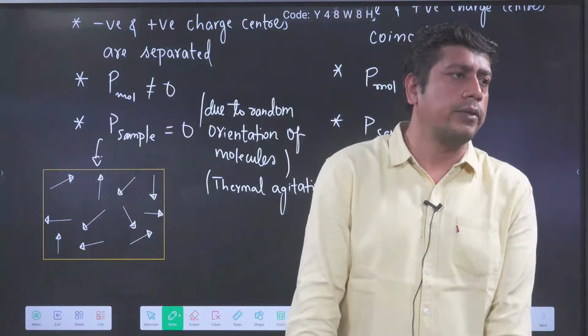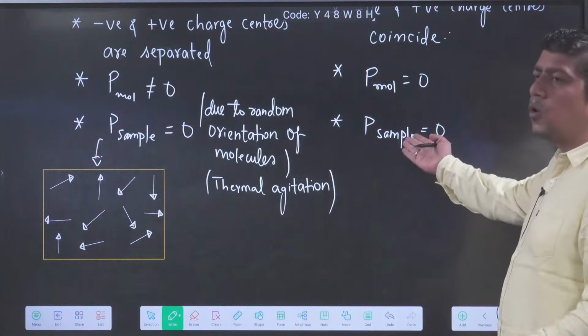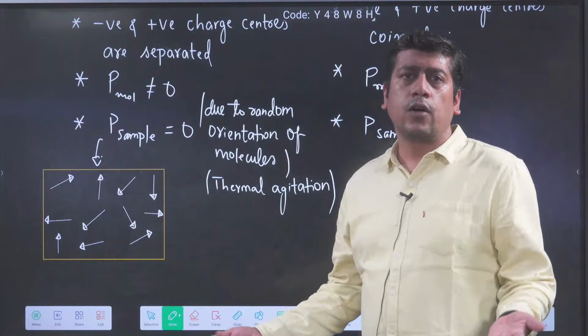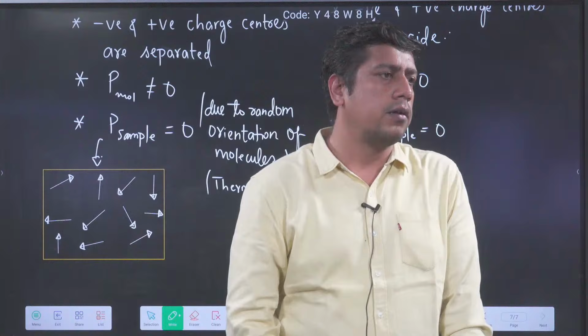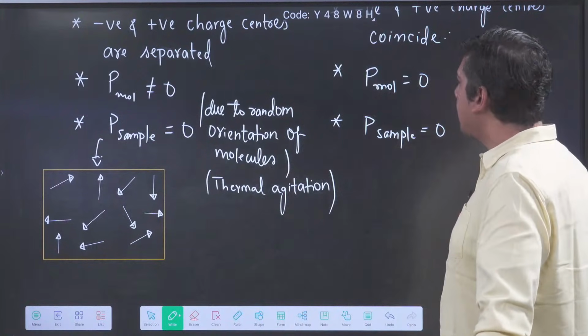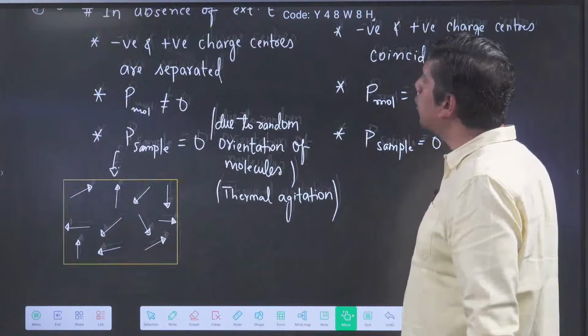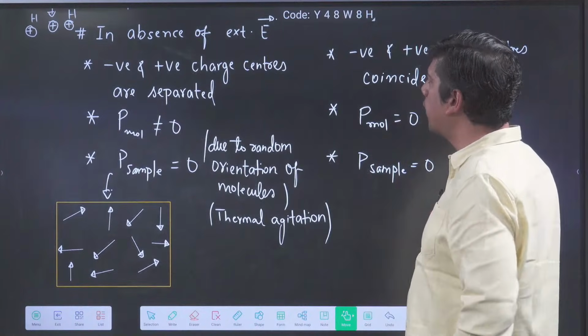Here it is 0 because each molecule has 0 dipole moment. Overall the sample will have 0 because any number multiplied with 0 is 0. So this is happening in the absence of an external electric field.